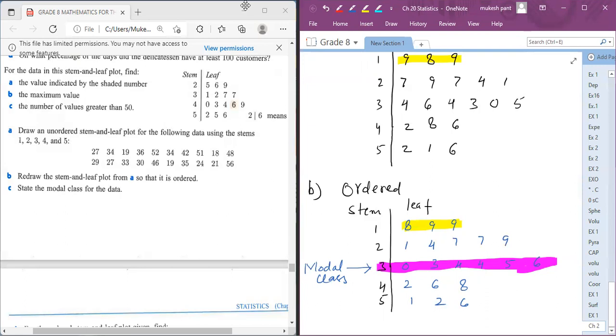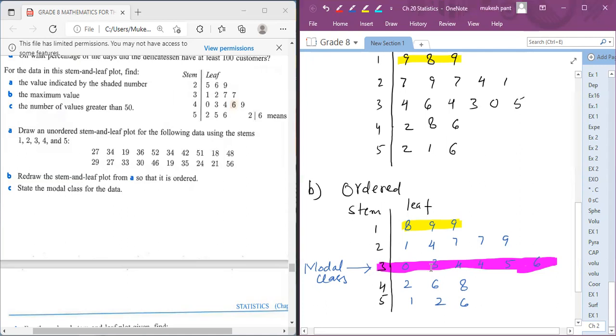So for the modal class, do we just write 3, or do we write the leaf? No, if you write just 3, I think it will not be complete, and the answer may have some ambiguity. So better to write modal class in front of 3 and put an arrow. Okay, sir. Because you have to show this in the diagram. If you write 3, then 3 is the stem and 3 is also given in the leaf, so it may be confusing.